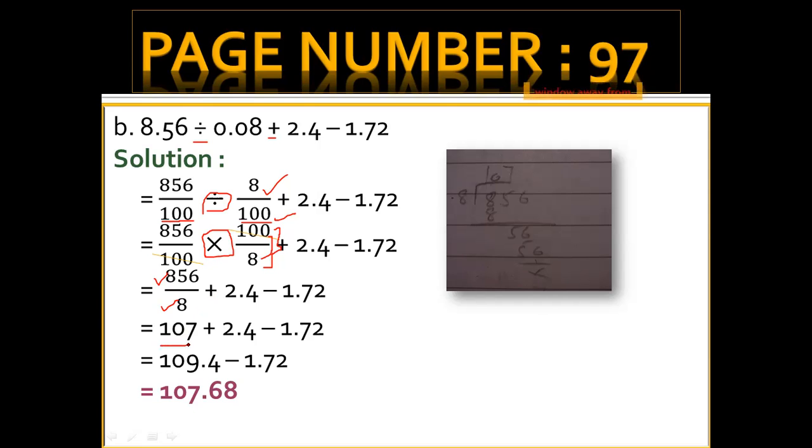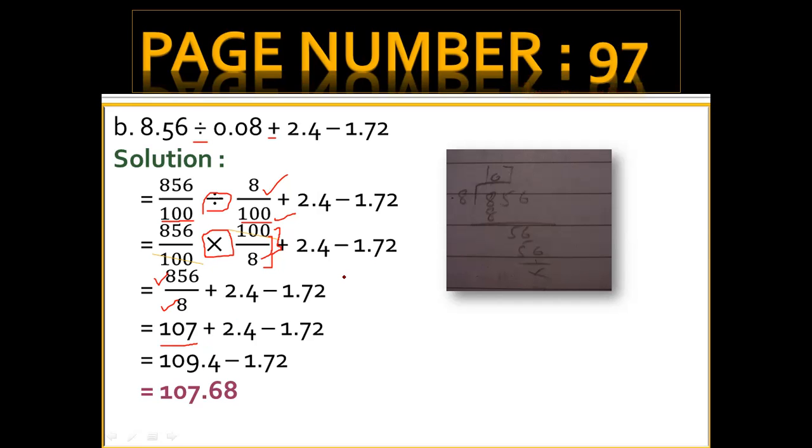When we divide 8 by 8, 8 ones are 8. 5 will come down, but we cannot divide 5 by 8. So for this purpose, we put 0 in the quotient and then we take 6 borrowed from the question. Now you have 56, and 8 times 7 is 56.